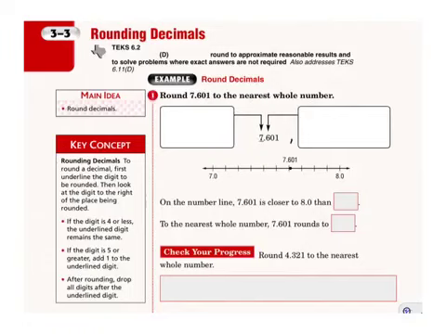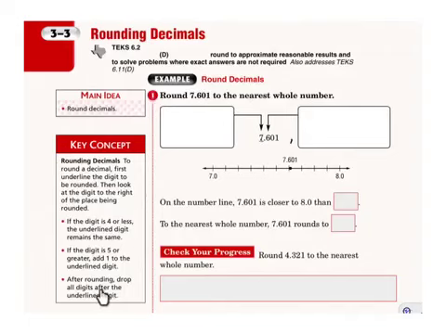Then you see if the digit is 4 or less, the underlined digit remains the same. So if the 6 was a 3, then you would leave the 7 a 7. But in this case, the 6 is greater than 5, so you need to add 1 to the underlined digit. So your 7 is not going to stay a 7, it's going to become an 8.